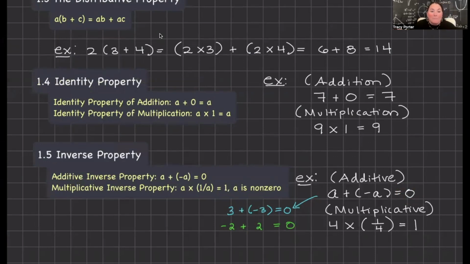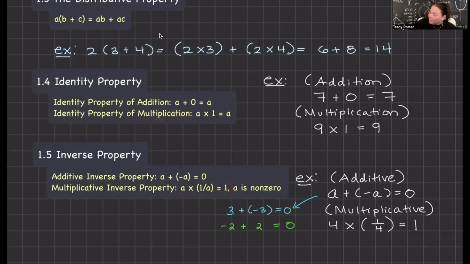Now for the multiplicative inverse, it's always going to be the reciprocal of whatever the number is. So you take the number A, and if you multiply it times 1 over A, it's going to give you back 1, which is the multiplicative identity.